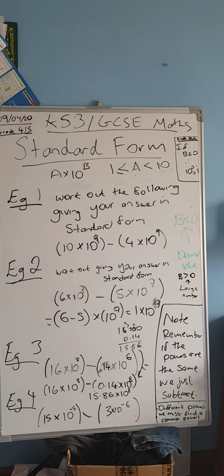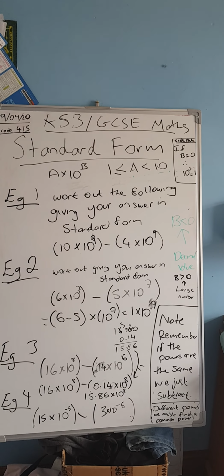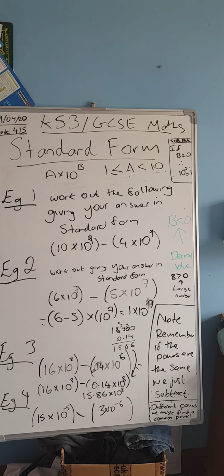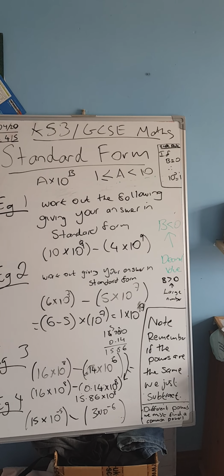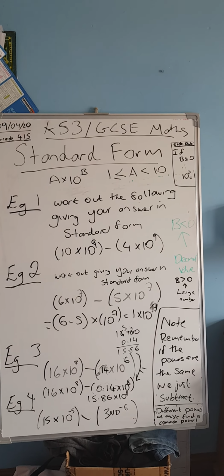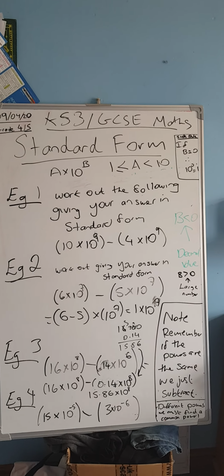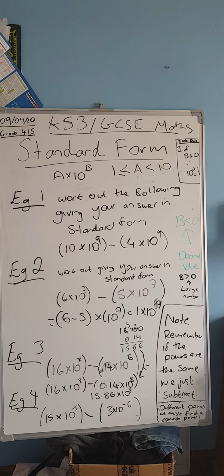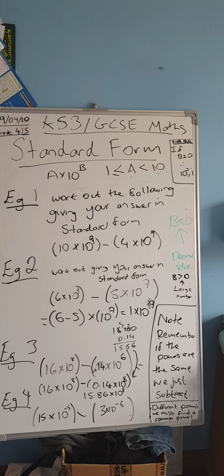I made the second one a power of 8, so I bumped that up to 10 to the power of 8. I had to divide 14 by 10 to the power of 2, so 14 by 100, which gave me 0.14. So it's 16 times 10 to the 8 minus 0.14 times 10 to the 8.